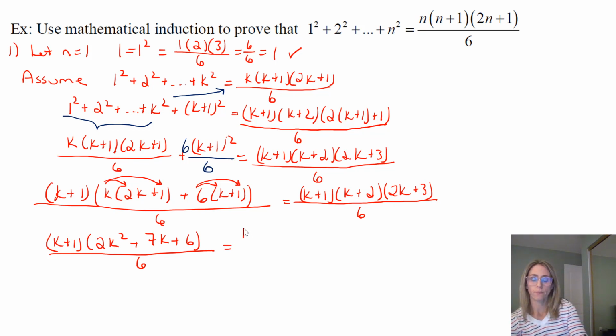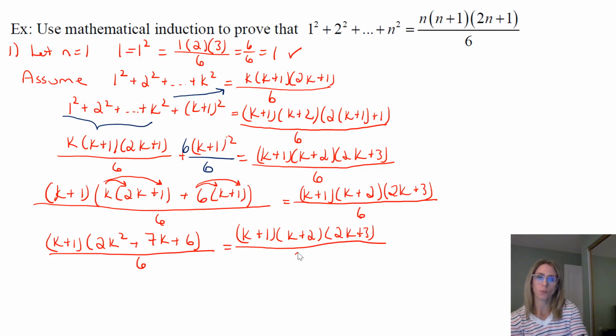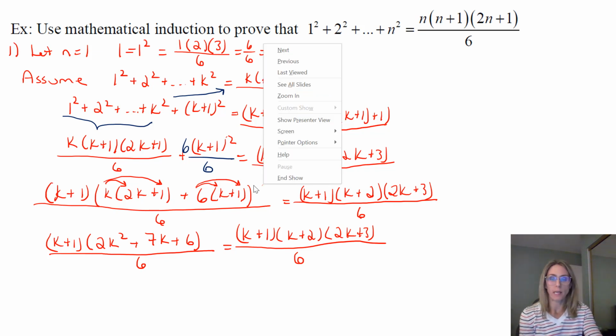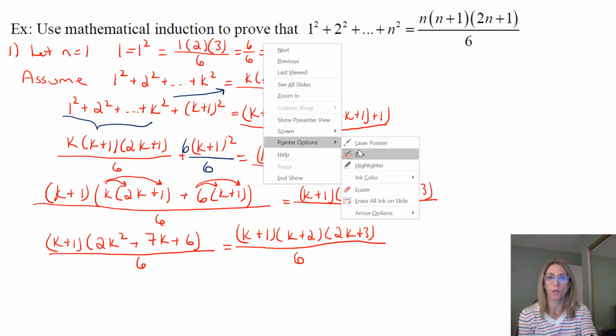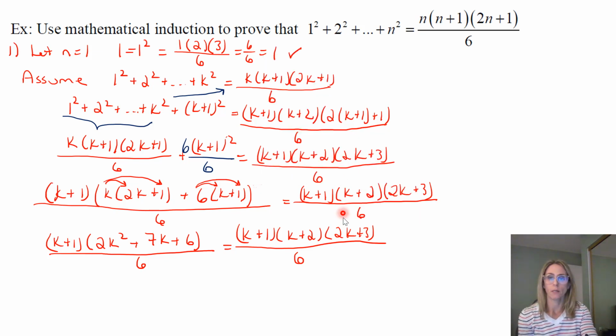Right hand side doesn't change. Now, just as a thought for you, if you think about what this right hand side would be if you multiply out (k plus 2) times (2k plus 3), that could help you. So what I'm saying is you could help yourself out by just checking, does this multiplied out happen to equal this thing?